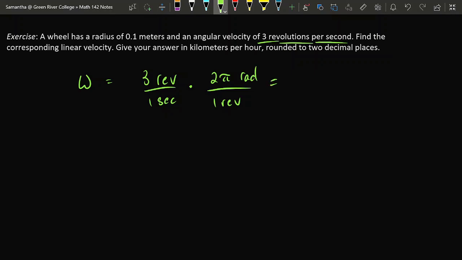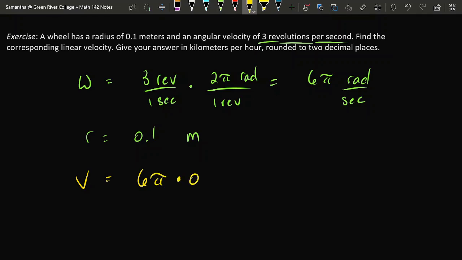So multiplying through, this would be equal to 6 pi radians per second. Meanwhile, the wheel has a radius of 0.1 meters. So then, now that I have angular velocity in the correct units, I can say that the linear velocity v is equal to 6 pi multiplied by 0.1.